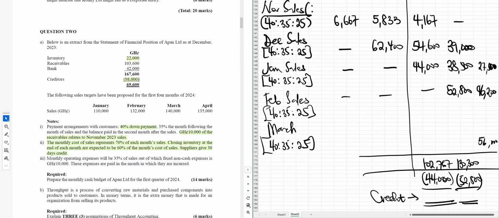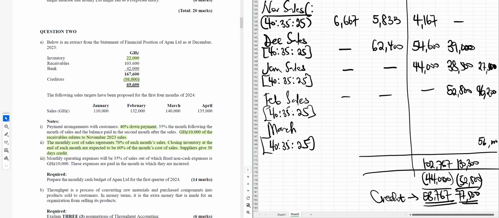Then March, I've already recorded the 40% that goes to March. So this is 102,767 minus 44,000. That's 58,767. Then 130,300 minus 52,800. That's 77,500.